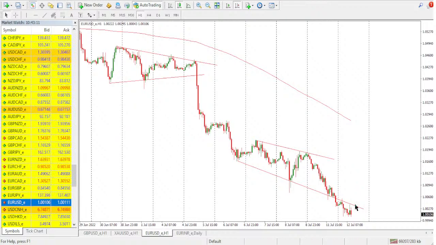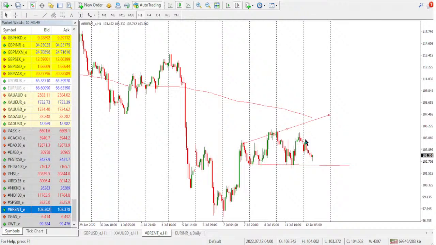If the price can pull back and touch it, then that's going to be the best place to look for a sell from. So if the price pulls back up and touches this line here, then we'll draw it basically based on what's happening currently, which is this one here.